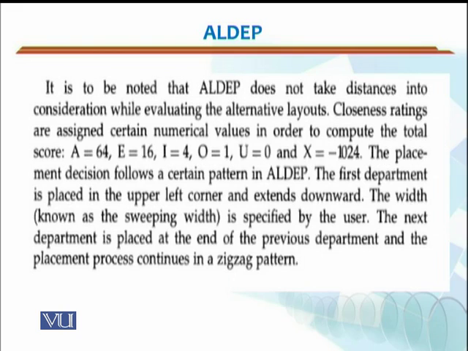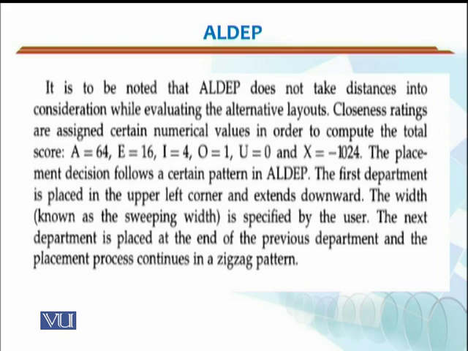It is to be noted that LDEP does not take distances into consideration while evaluating the alternative layouts. Closeness ratings are assigned certain numerical values in order to compute the total score. What you have to do is assign some values to the closeness ratings A, E, I, O, U and X, so that you can total them at the end. LDEP does not consider distance; rather, it is based on selection and placement.